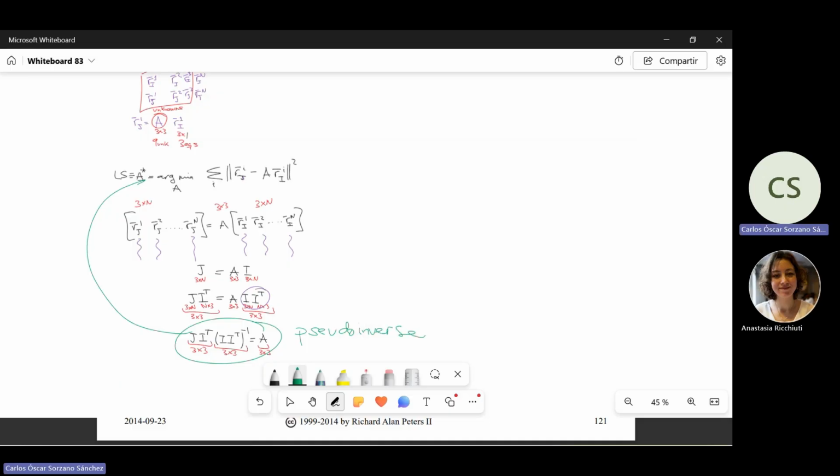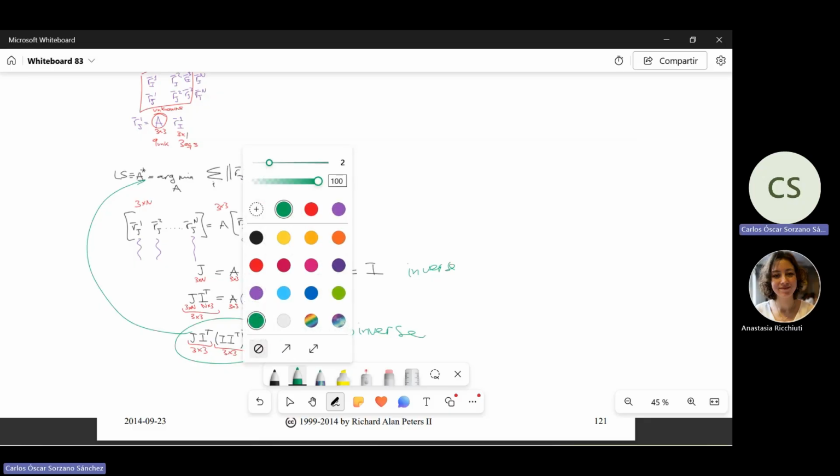The one that we wrote before, J A minus 1 I, that we can do, but this would be the inverse, right? If we were allowed to do it, because we have only 3, then this would be the inverse. And this thing, you see, let me color this one.